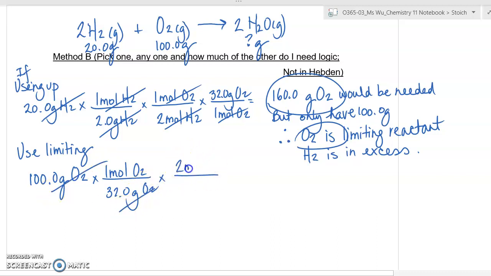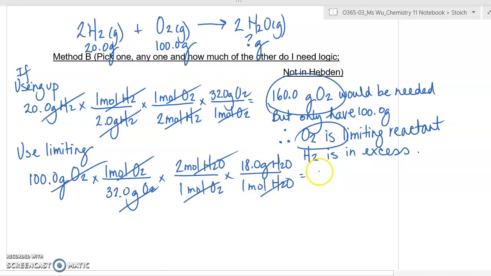Here's our mole ratio, 2 moles of water being produced every time we use up 1 mole of oxygen. And then finally, our molar mass of water. And so the answer is the same, 112.5 grams of water will be produced.